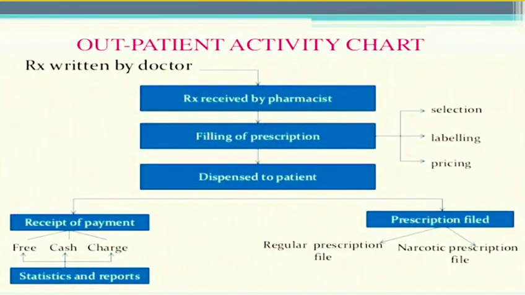Outpatient activity chart, in that the process is like this: prescription written by doctor, then that prescription received by pharmacist, filling of prescription means selection of medicines, labeling and pricing, then that medication dispensed to patient, then receipt of payment is done, it may be free, cash or charge, then prescription is filed into regular prescription file or narcotic prescription file.